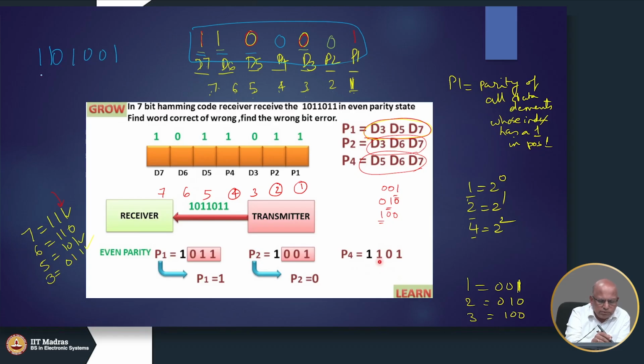This is what we received. Again this is D7, this is D6. This is what is stored and we are receiving like this.